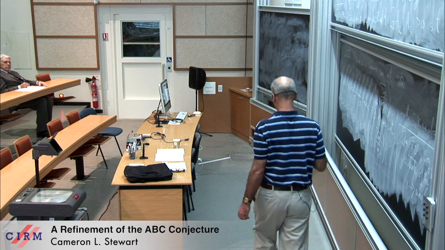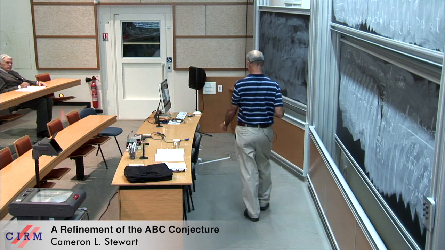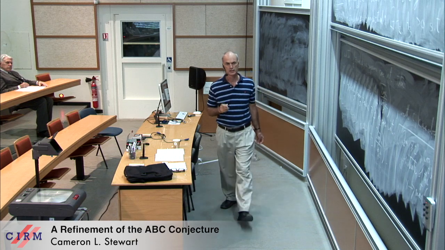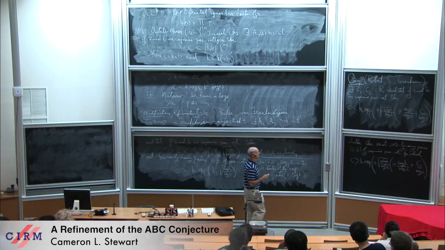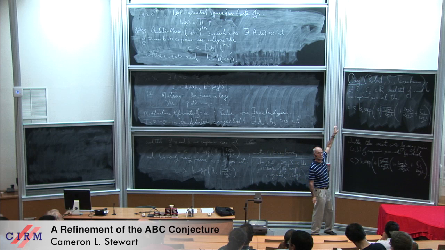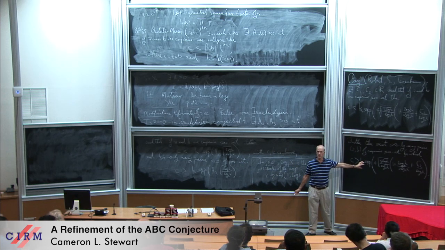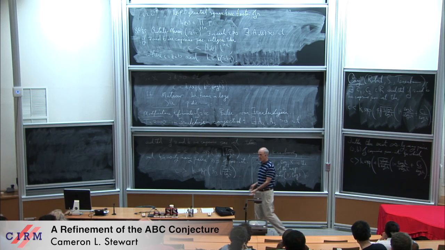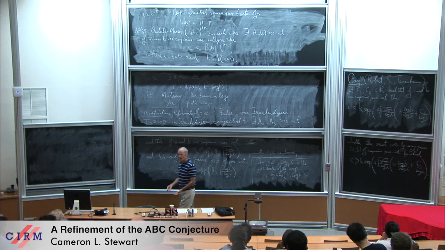Okay, so that's the refinement of the ABC conjecture that I would like to speak about. So we started off talking about upper bounds here, and it's reasonable to ask, okay, well, can we approach, we saw we couldn't get too close to the correct upper bound. Can we approach the lower bound, at least from below?